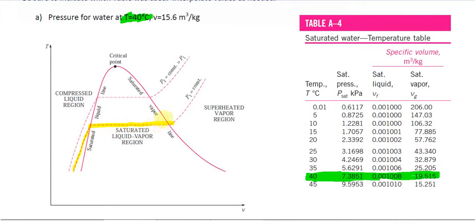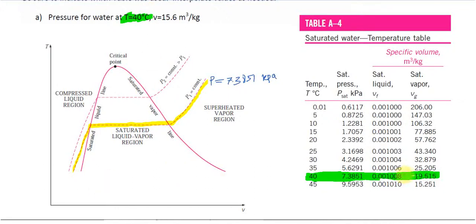For example, this line is referring to the pressure of 7.3851 kilopascal, and this is the saturation pressure. When water is at this pressure and this temperature, it may be saturated liquid, it may be saturated vapor, or it may be something in between these two, which we call a mixture.